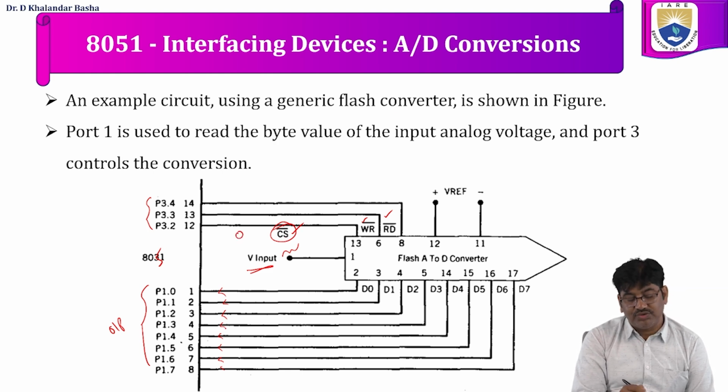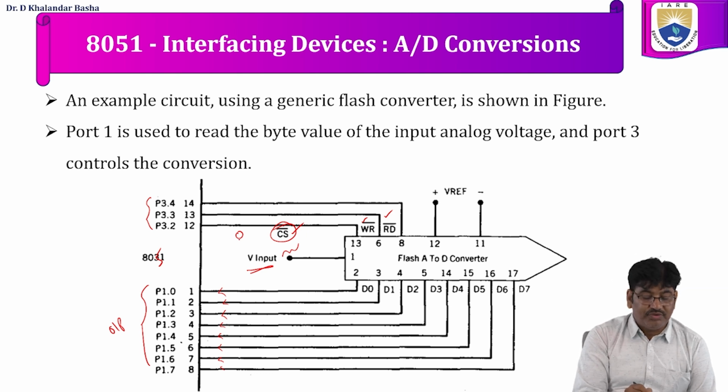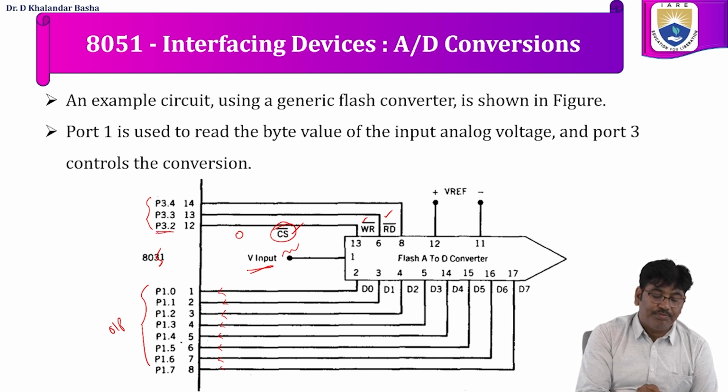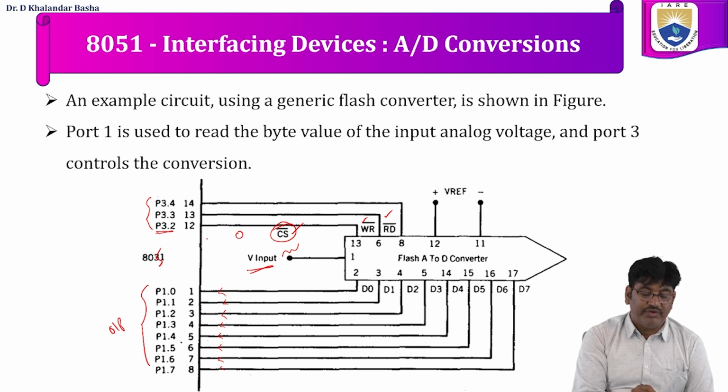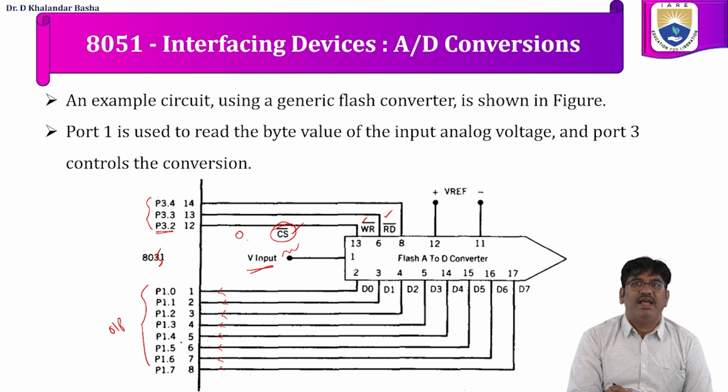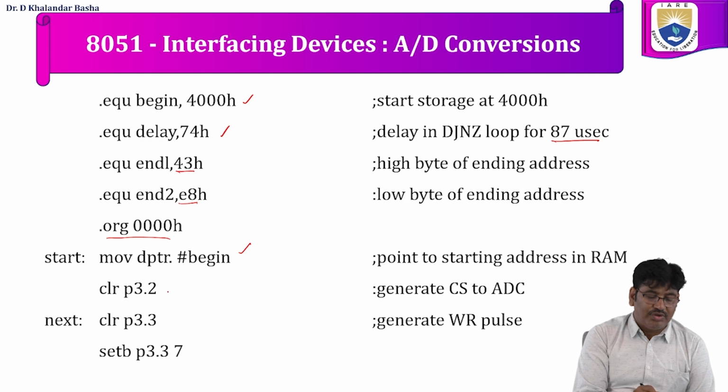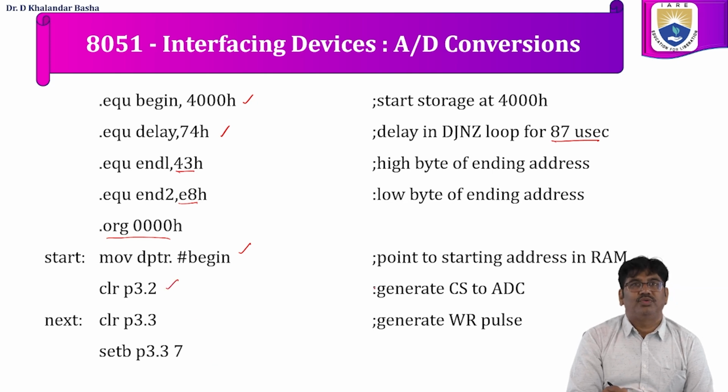That means we have to send the chip select value as 0. The pin for which we have to send 0 is P3.2. So P3.2 we have to clear. When we clear it, it indicates this chip, which is the flash A to D, will be active. So for making it active, we write CLR P3.2.